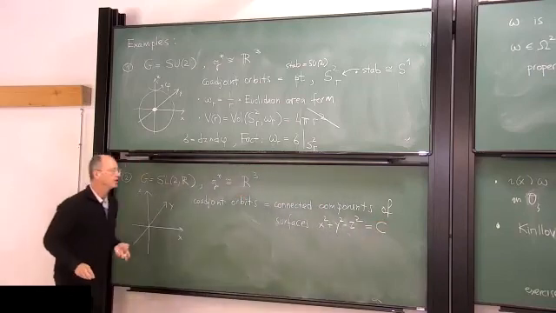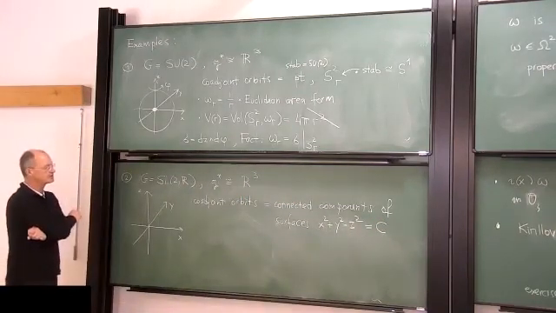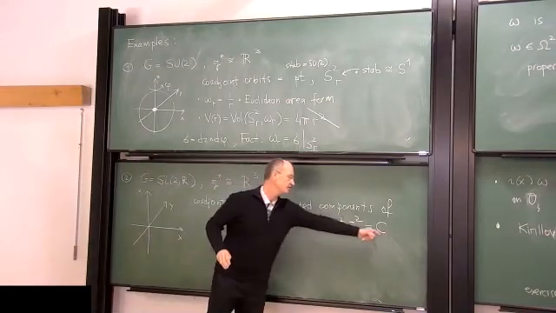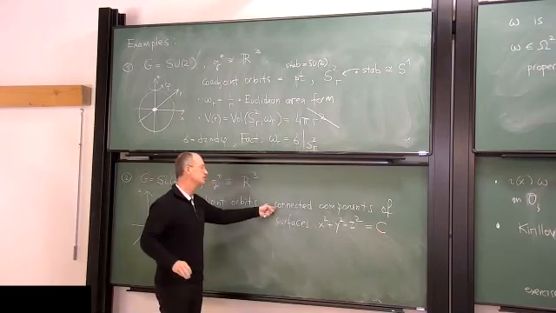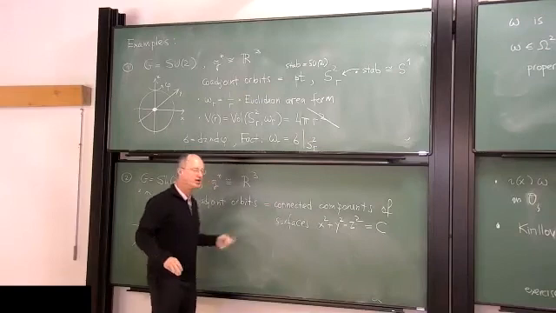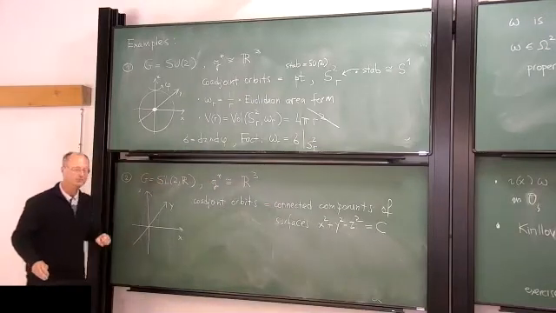So you look at level surfaces of the function x squared plus y squared minus z squared equals c. And almost in all cases, coadjoint orbits are connected components, with one exception that I will now draw.